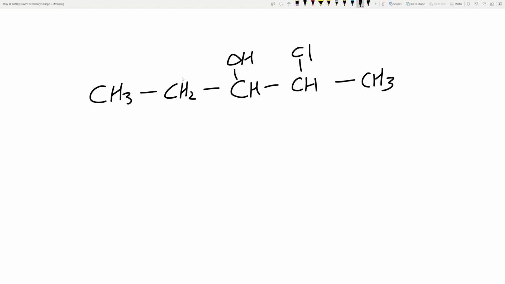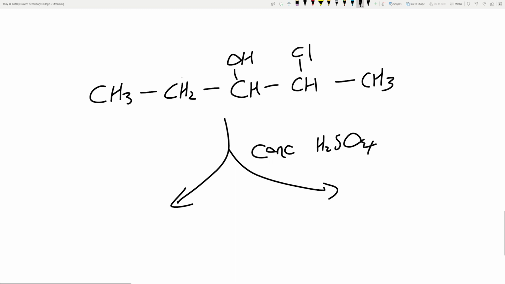Again, if I do this reaction with conc H2SO4, this is where you just need to remember: when you see conc H2SO4, that means you eliminate the OH. It's not the Cl, because conc H2SO4 is the required catalyst to do this elimination reaction with your alcohol. If I change that to KOH alk, then you remove the Cl. But in this case we don't, because that's not the reagent that's being given.